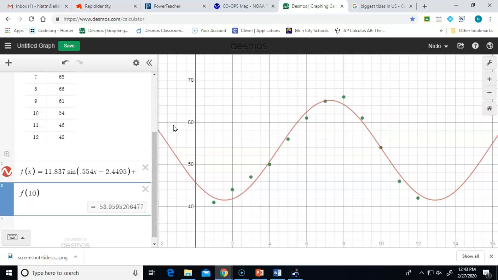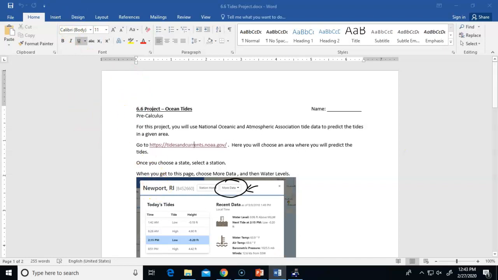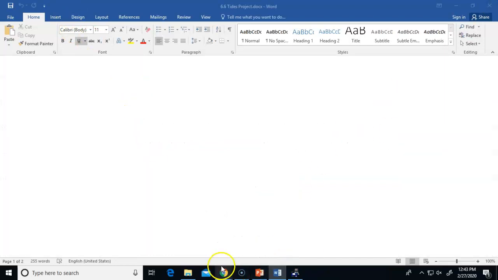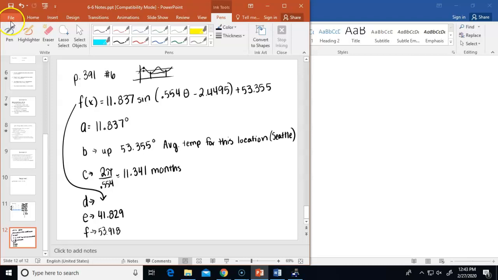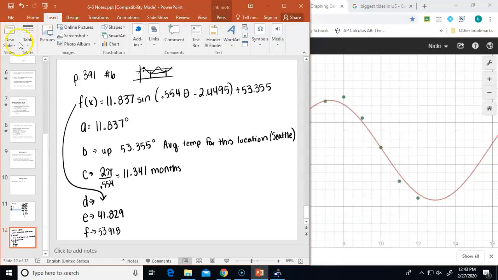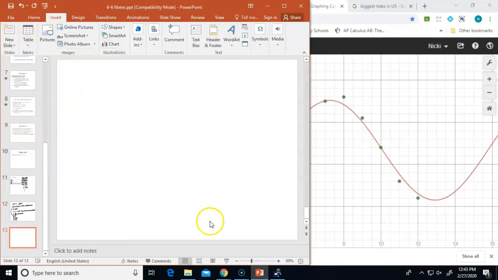I don't think 15 has enough points to work on the calculator, so let's just talk real quick about what you'll do on 15.